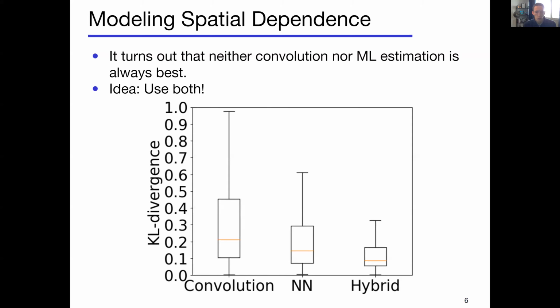And we had the idea to try and combine them. So why not have a classifier, which is what we implemented, that determines whether to use convolution or the neural network, and then applies the one that is chosen. And this is the hybrid model in a nutshell. As you can see, both the spread and the median KL divergence here is a lot lower than both the neural network and the convolution can produce.